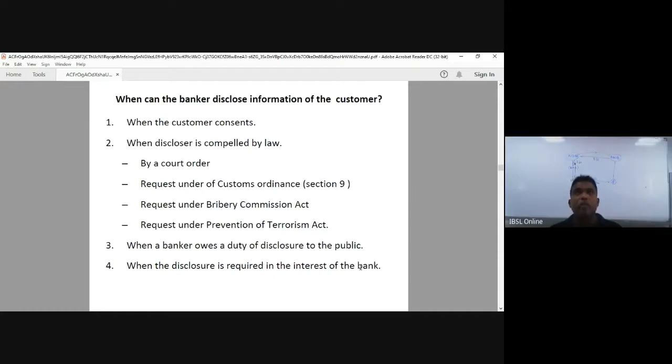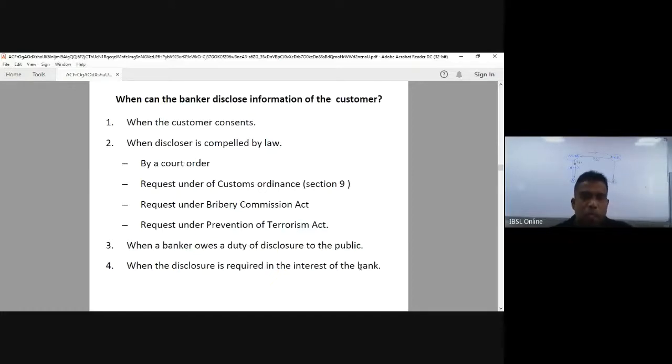Under certain conditions, the bank can divulge information to a third party. So what are those circumstances? Under what conditions can the bank divulge information? Number one, with the consent of the customer, that we know. If the customer gives the consent, the bank can divulge any information.